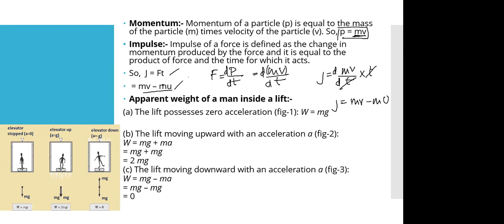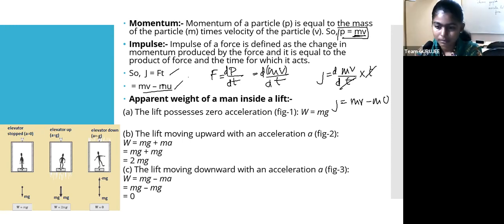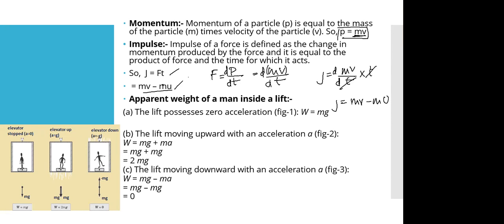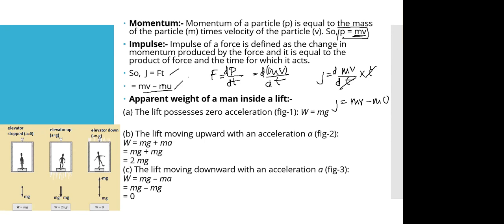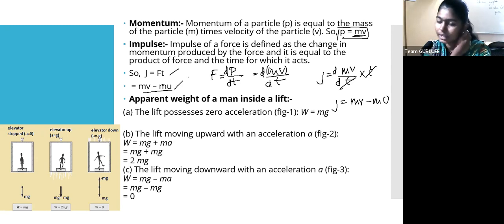Ma'am, we can say, for example, playing badminton. Yeah, you can say. Actually, when you see this impulse, you can find it everywhere. Wherever the force is, there will be impulse, because time is always running. Time won't stop at any place. So wherever the force is there, your impulse will be there.